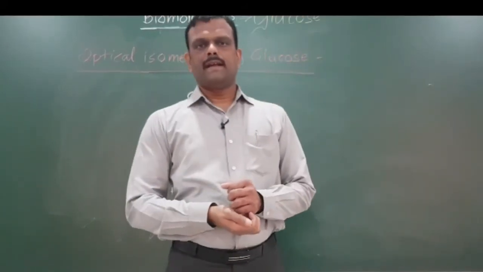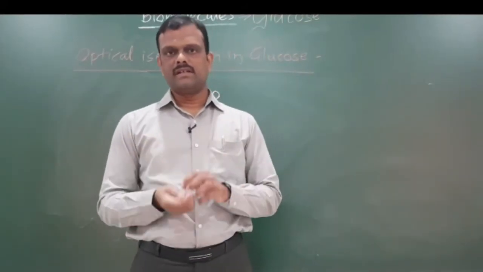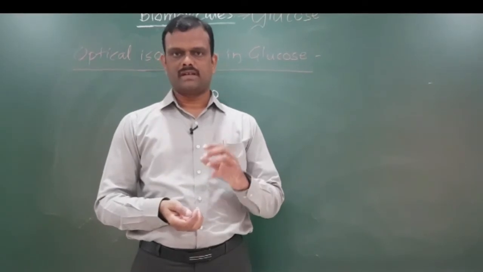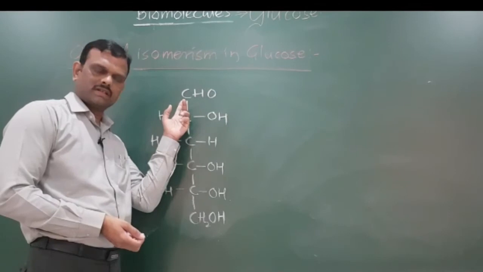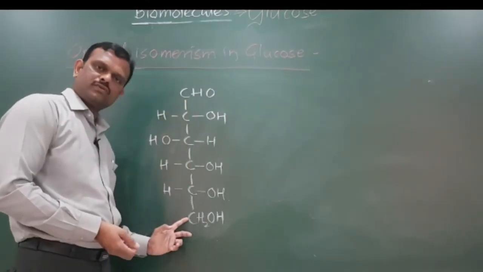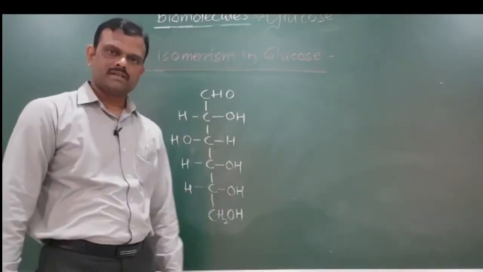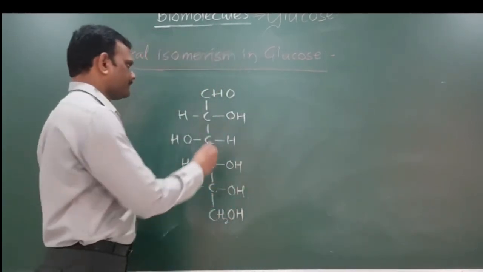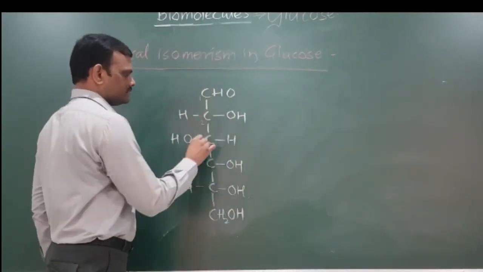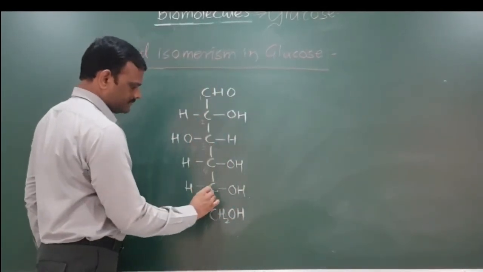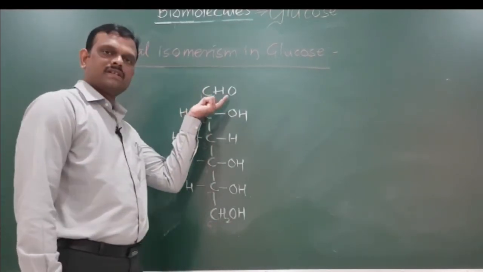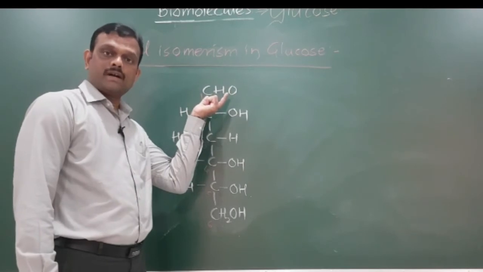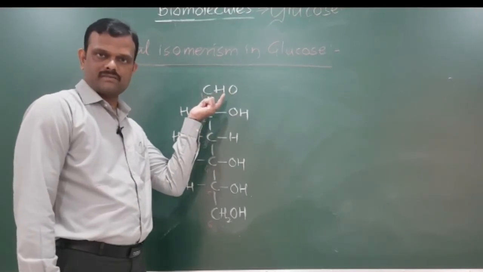To check the optical activity, the first initial condition is the presence of a tetrahedral carbon. From this structure, the first one is a trigonal carbon, the remaining are C2 to C5. We can number it as 1, 2, 3, 4, 5, 6. From this, the first carbon is sp2 hybridized. That means it is a trigonal carbon.